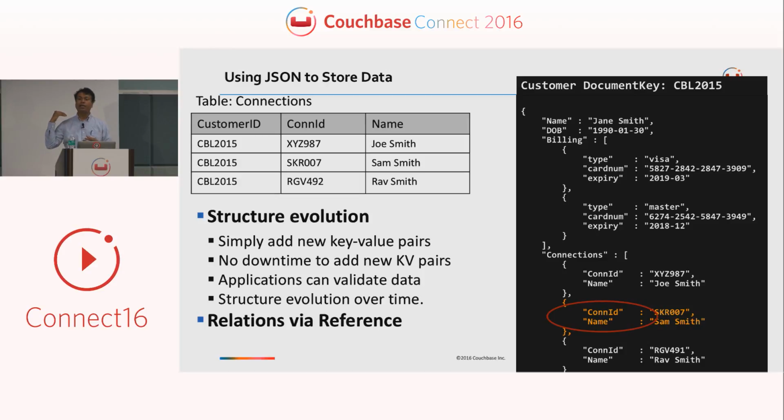So within Couchbase, we automatically add that new object. Since you're not managing the schema in a rigid way, it's very easy to add new objects to evolve the structure, either by adding new objects or new arrays of objects.